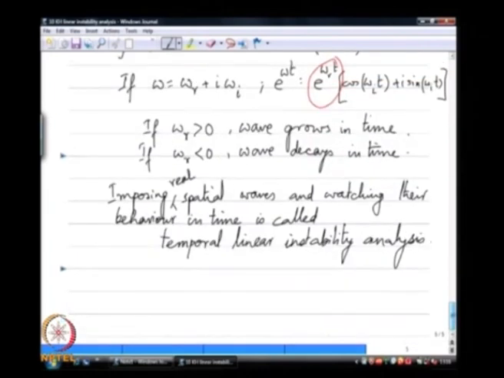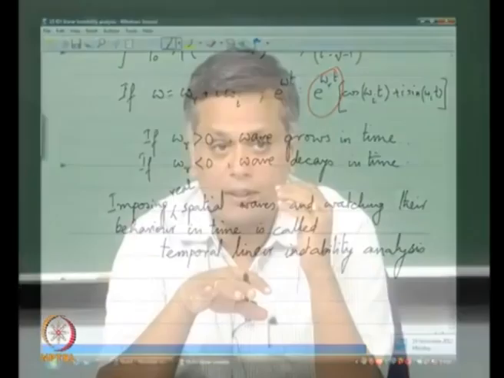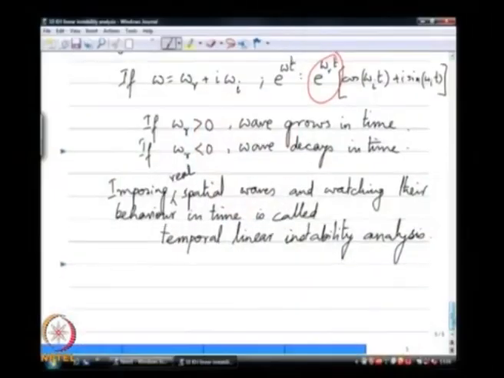The other possibility is to impose a wave in time, say for example, at some inlet location I have a small perturbation that I can add to the time component and watch what that small time perturbation does over space. Okay. We will leave that out of our argument for now, but essentially this is our discussion.